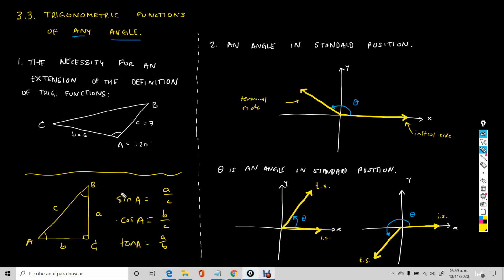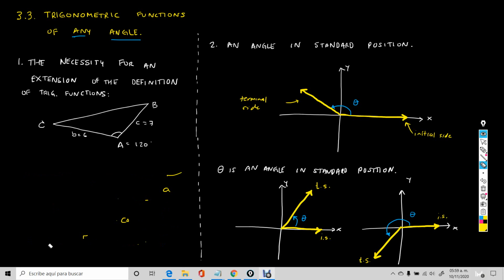So, for example, let me erase all of this now. For example, this triangle right here, if I give it to you and I tell you solve this triangle, and remember what that means is finding all its features, you won't be able to write something like this. If you wrote something like this in this context, it has no meaning yet.